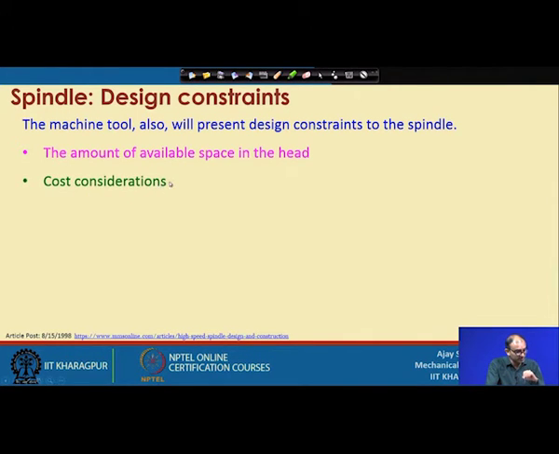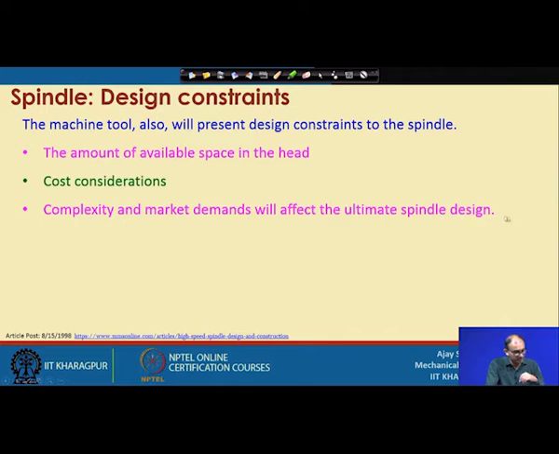Cost consideration is another thing, because many times people use an auxiliary spindle beside the original spindle of the machine tool. So, there is a cost consideration whether you want to replace the spindle or add an additional spindle. Complexity and market demand will affect the ultimate spindle design.